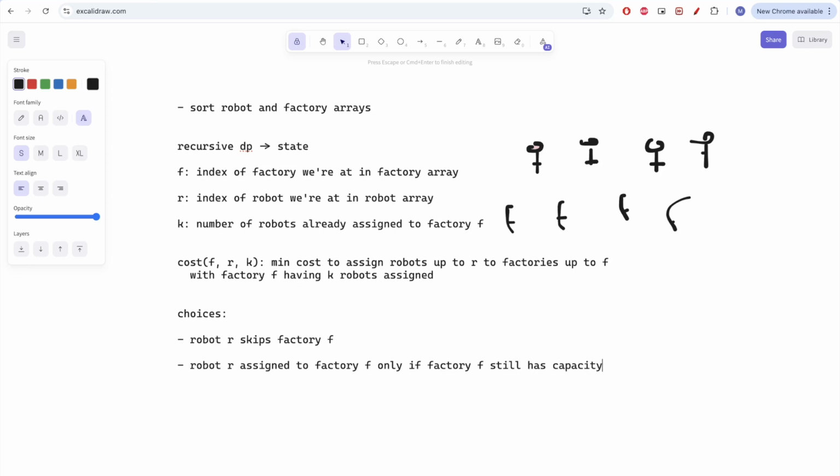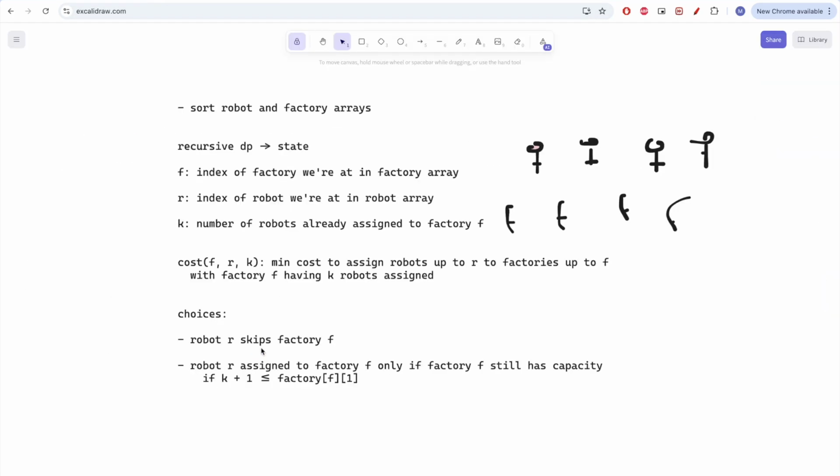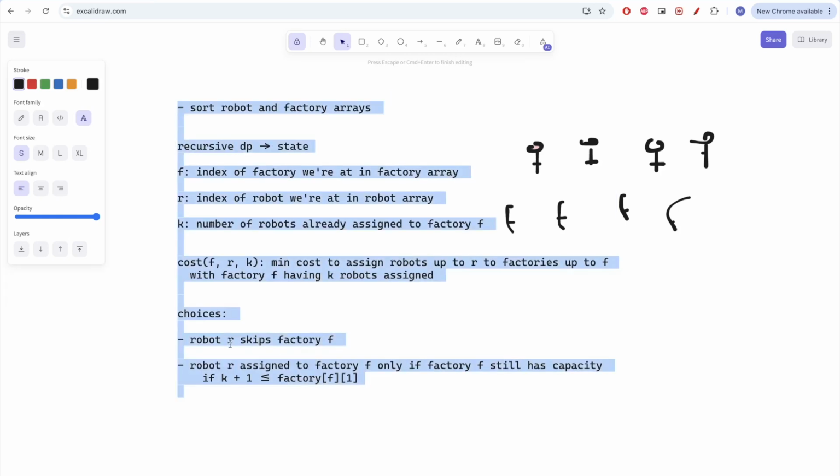What that means basically is if K plus 1, which is the total if we assign this one, needs to be less than or equal to the limit of the factory. And to get the limit, it is just the second position in the array here. That's the limit, okay? And those are basically the 2 choices.